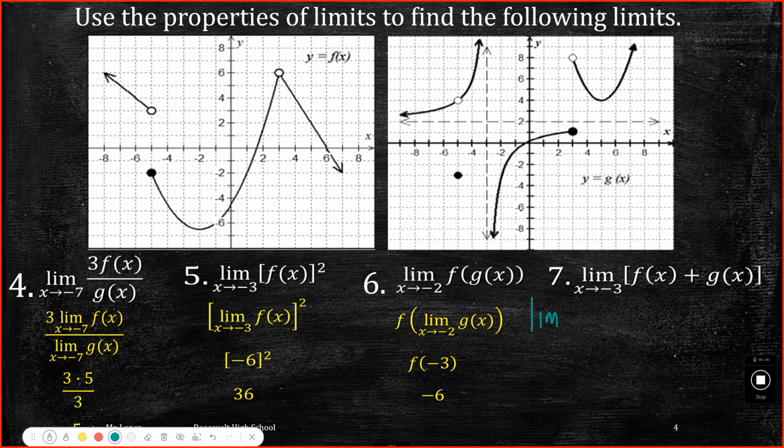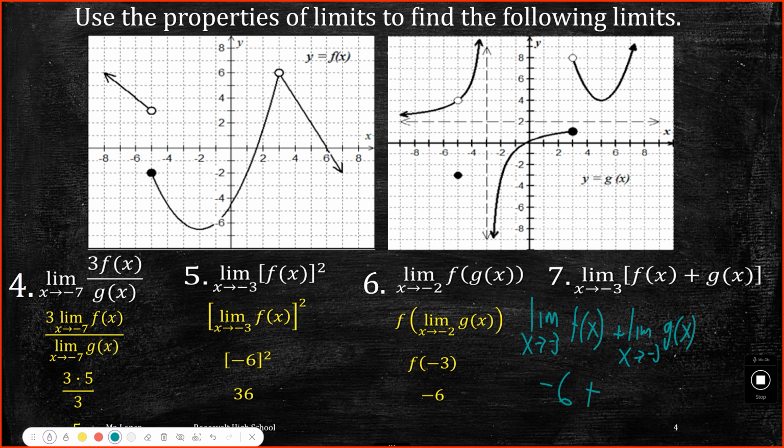The limit as x approaches negative 3 of f of x, and we're going to add the limit as x approaches negative 3 of g of x. The limit as x approaches negative 3 of f of x, we just did it, right? Negative 6. Yeah, negative 6.